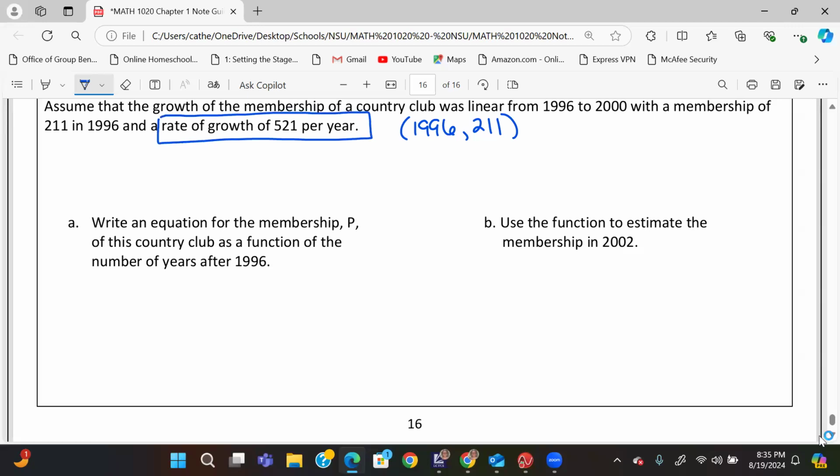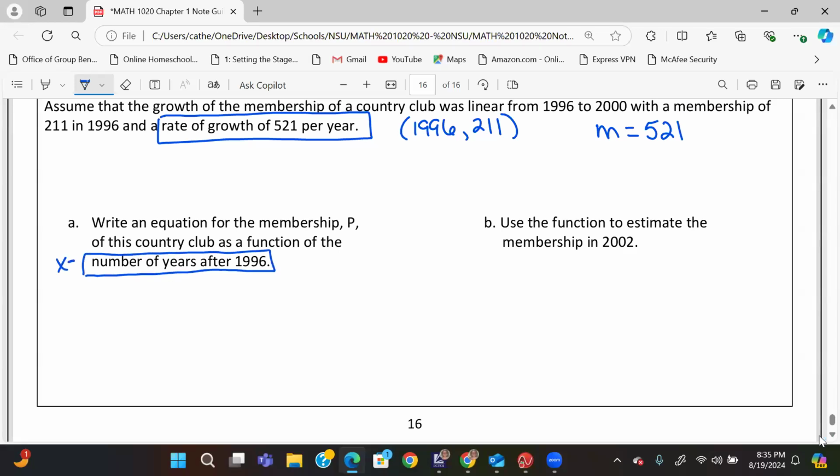So rate of growth is our what? The rate of change. That's our slope. And since it's growth, that slope is going to be positive. All right, write an equation for the membership of this country club as a function of the number of years after 1996.